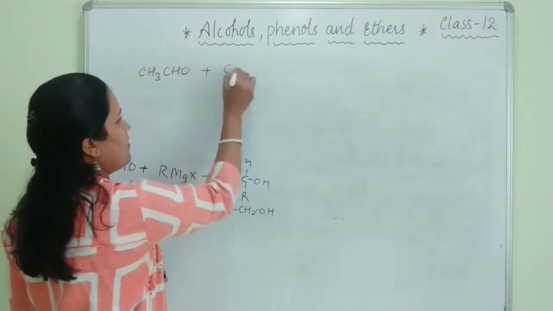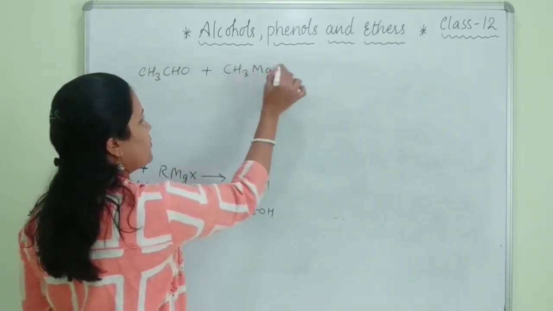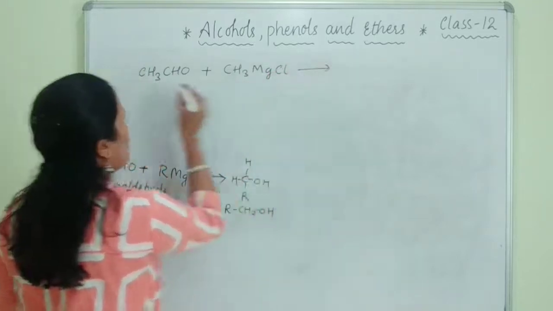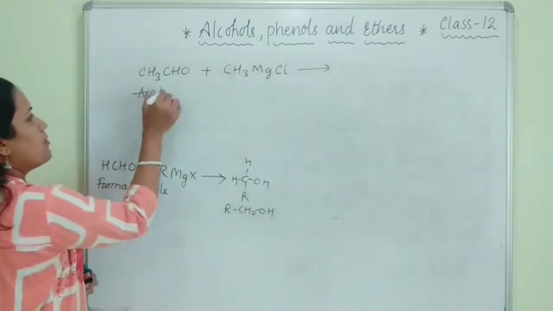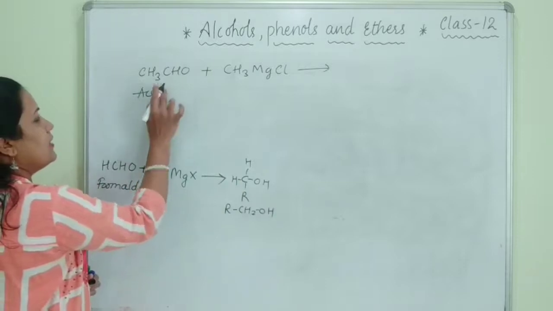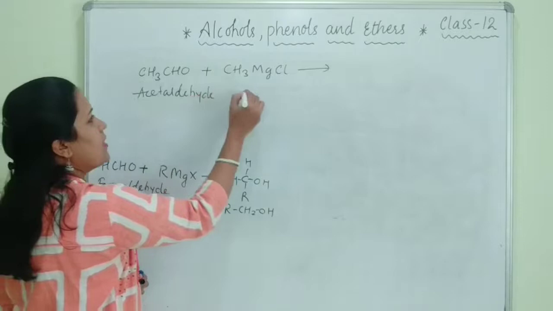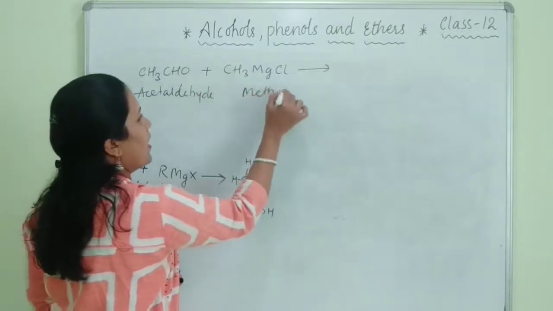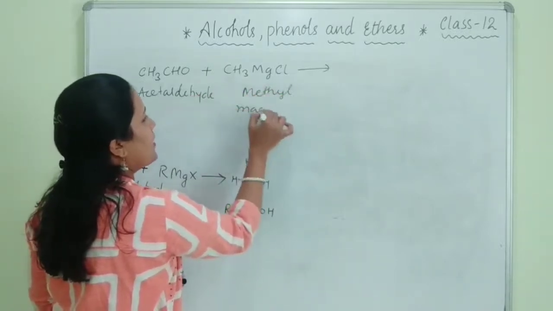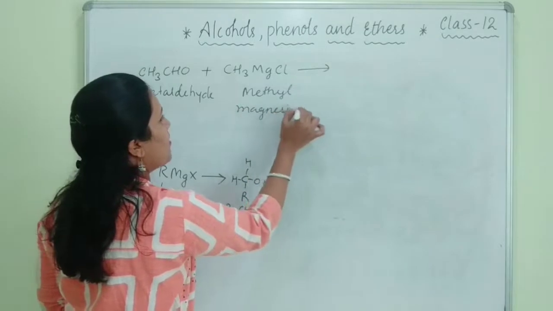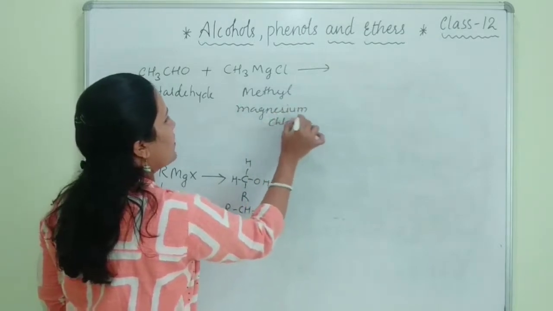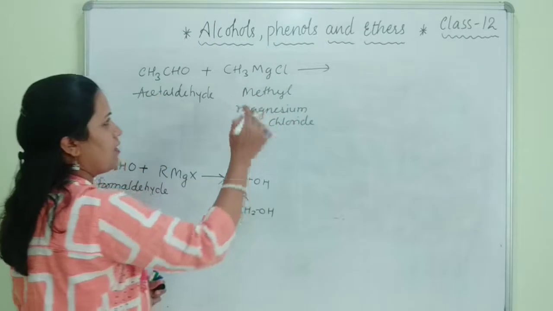In place of RMgX, I am taking CH3MgCl. Acetaldehyde reacts with methyl magnesium chloride, that is the Grignard reagent.